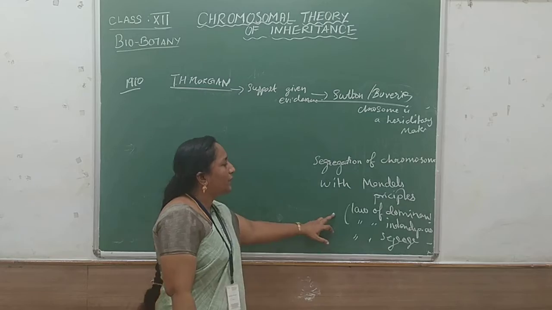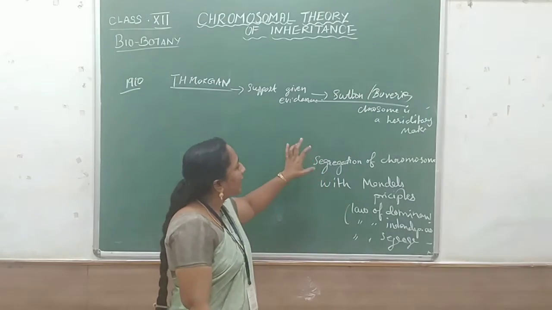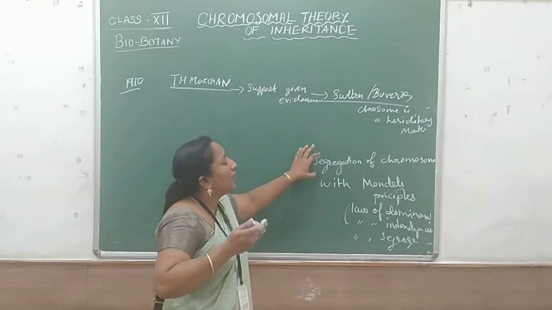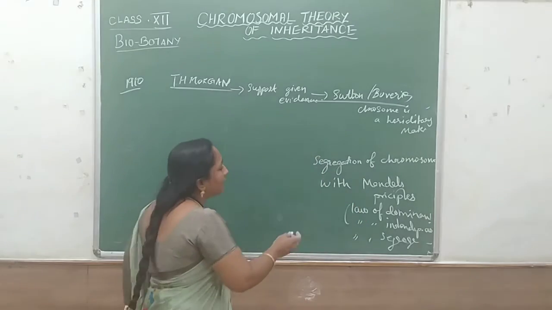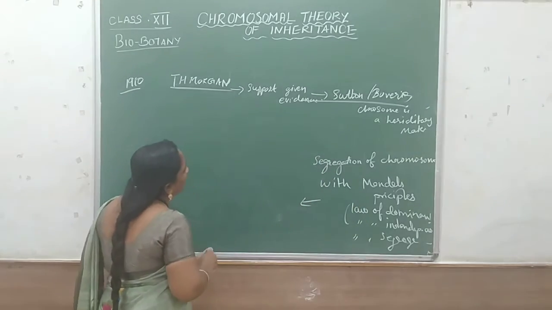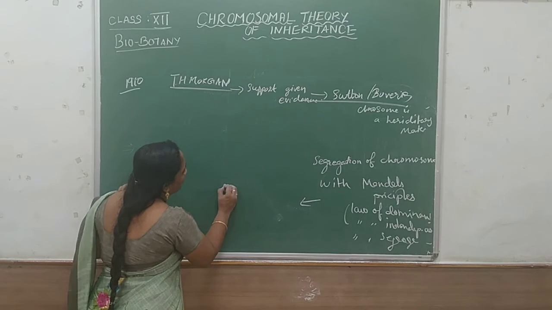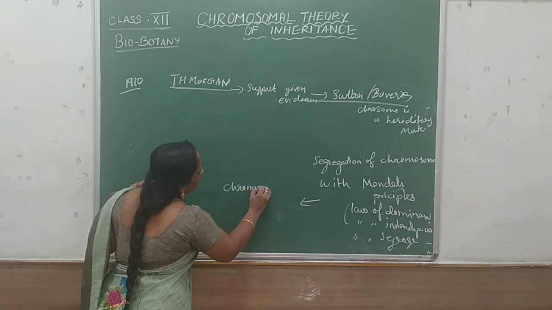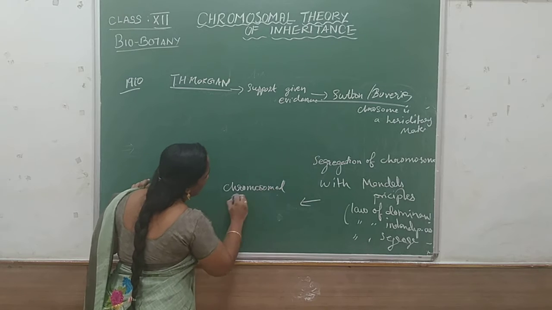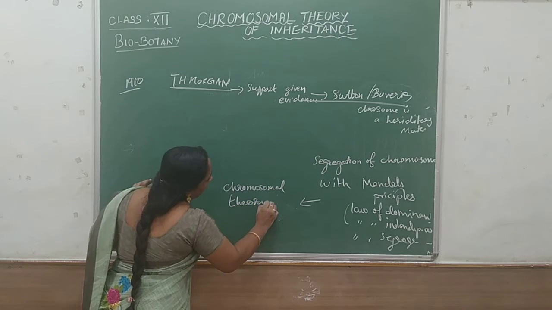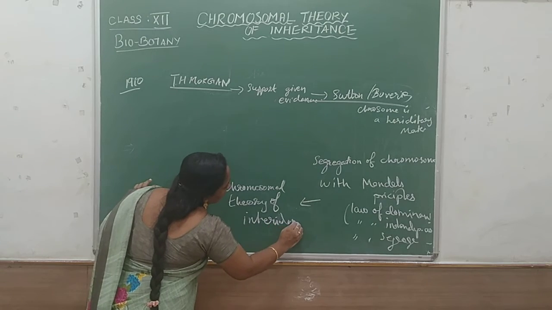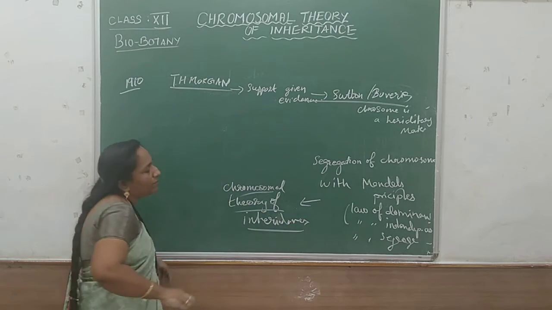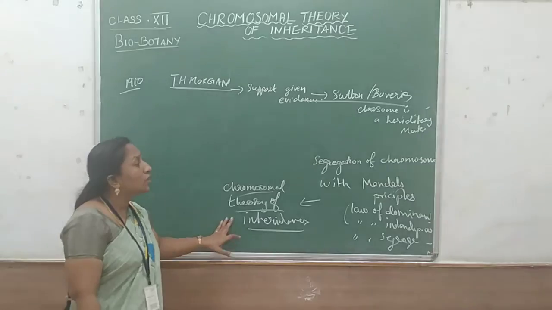They combined the details regarding the chromosome with Mendel's principles, and the name given is the chromosomal basis of inheritance, or the chromosomal theory of inheritance. So this is our lesson name, the chromosomal theory of inheritance.